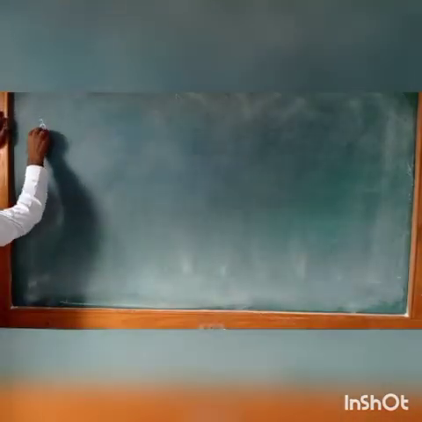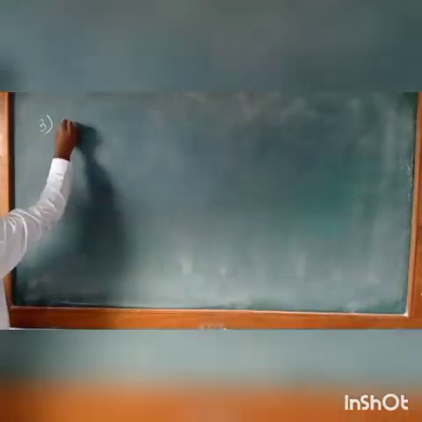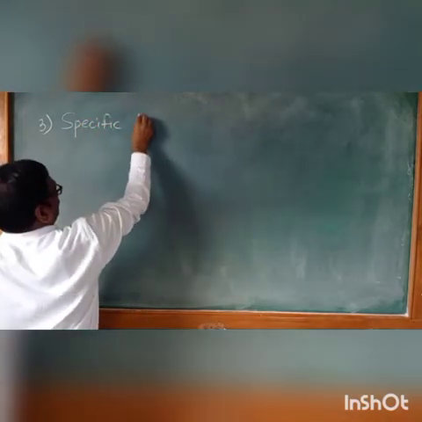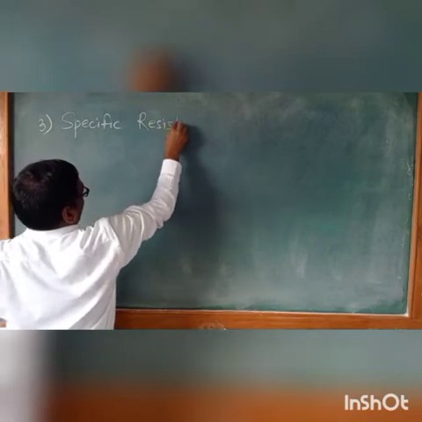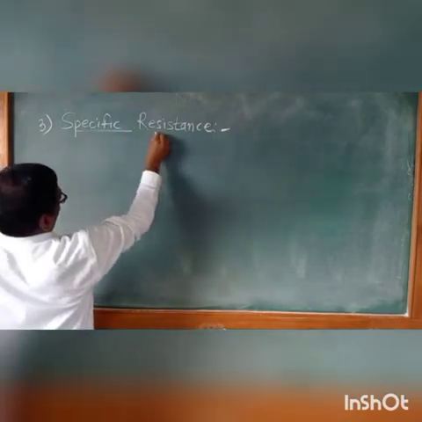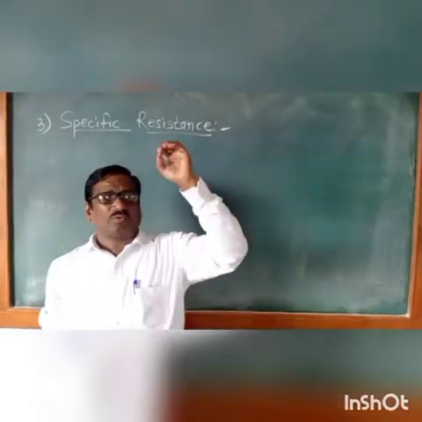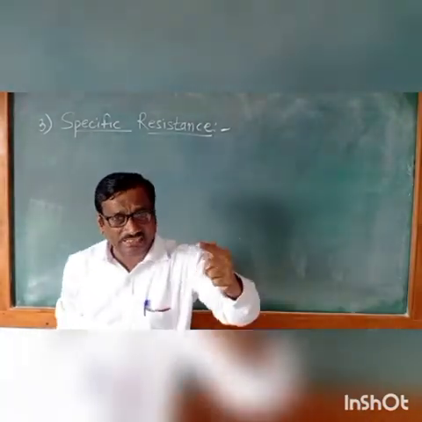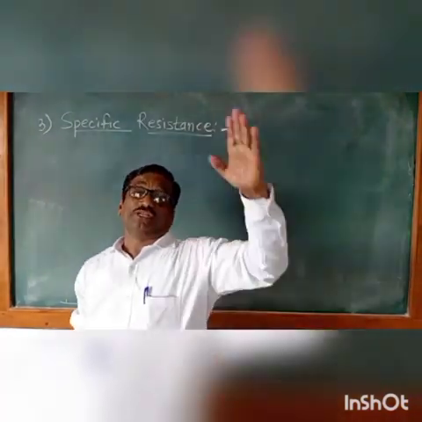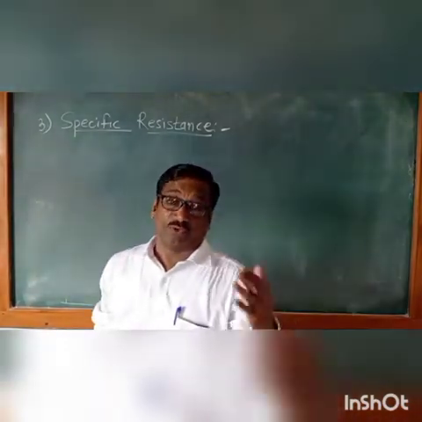Now the next definition is specific resistance. What is meant by specific resistance? These are very simple one-sentence definitions, but very important to understand the whole topic and very important in solving the problems.